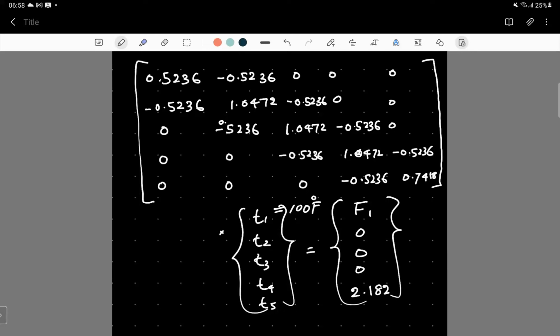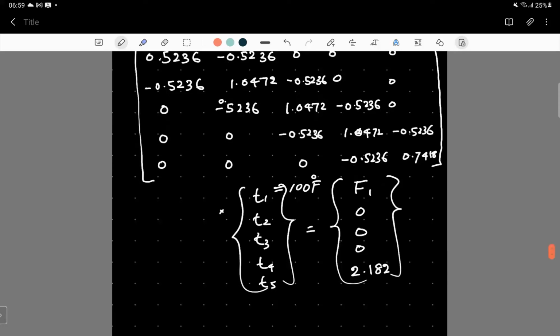I will first explain what we do, and then I will write down the answer. Maybe I write down the first solution, and then we can discuss, so it will be clear. What we have to do is simply modify this total equation.